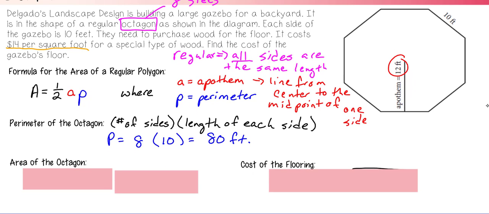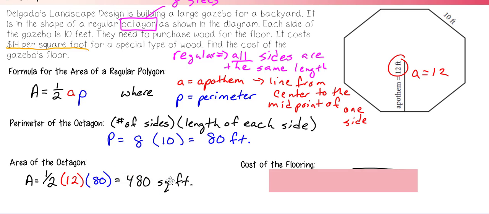So now we have the information we need to use our area of a regular polygon formula. So we know that the apothem, A, equals 12. We also know the perimeter is 80. So we multiply those and multiply them times 1/2, and we end up with 480 square feet.